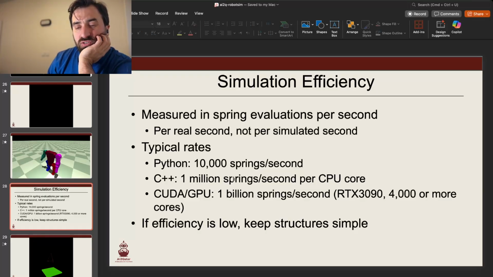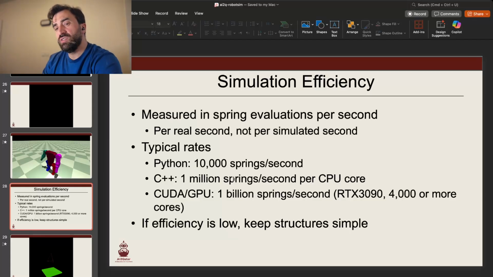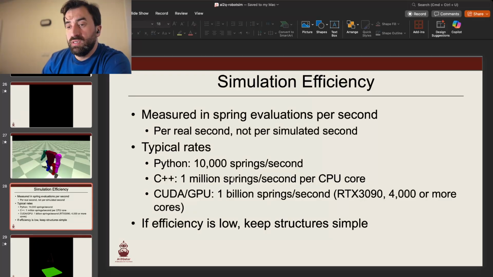Simulation efficiency: you need to consider it. It's measured in spring evaluations per second, and it's actually per real second, not per simulated second. So keep that in mind. Typical rates: in Python, you have 10,000 springs per second.